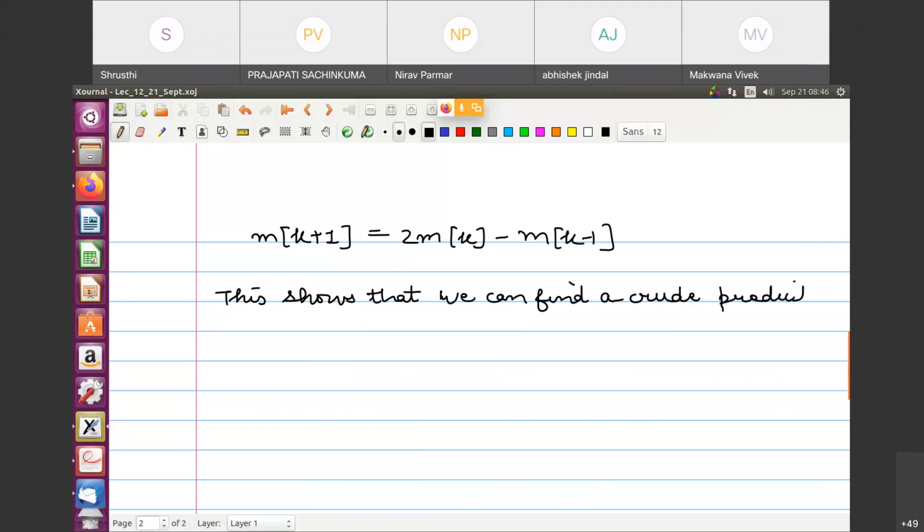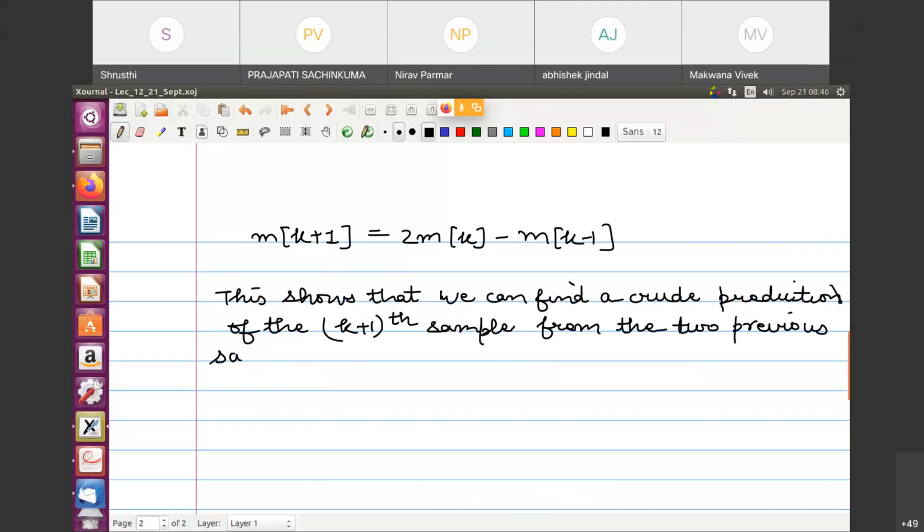Because this is sort of a hack, you can say, a crude prediction of the k plus 1th sample from the two previous samples. This is quite straightforward to follow.